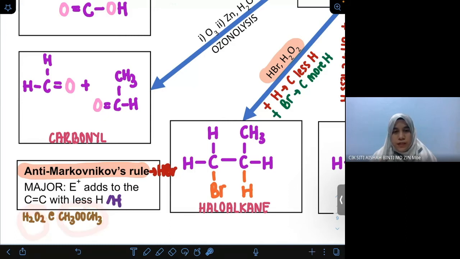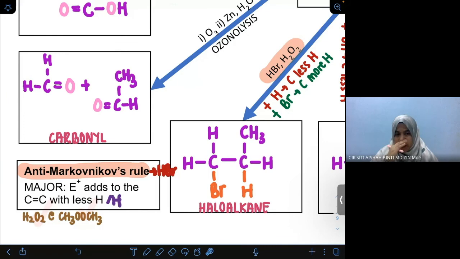So that is actually the answer. It means the question tells us this, so we know that it will follow the anti-Markovnikov rule. It is only applicable when HBr has either hydrogen peroxide or dimethyl ether.